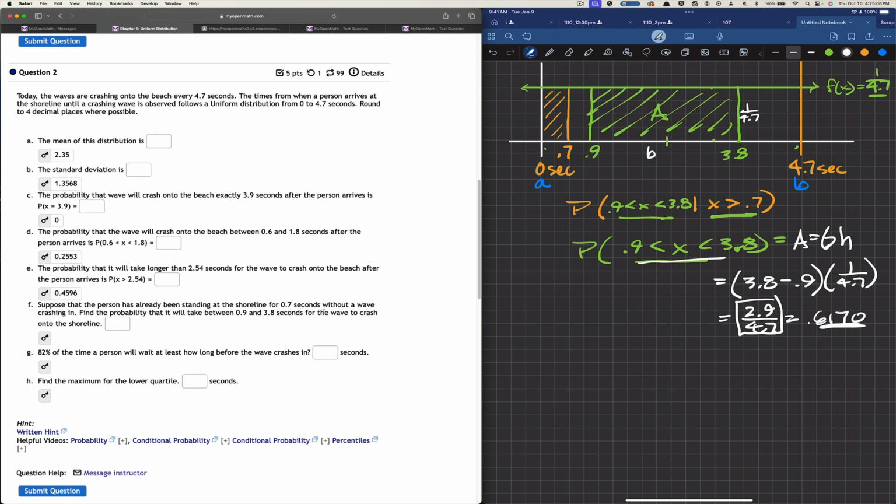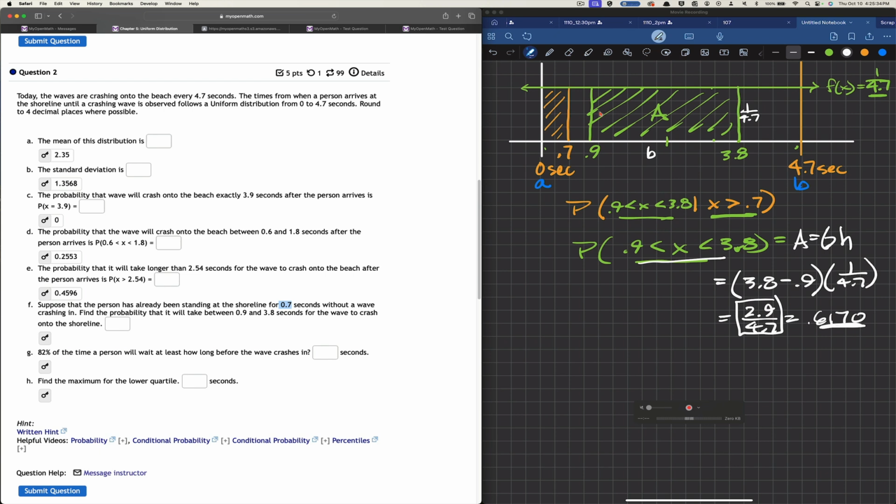But it's not. Because I was told that it's going to be greater than 0.7, then we already know that this 0.7 is gone. This probability is no longer part of this whole giant or complete rectangle. This probability is now out of the truncated or cut off rectangle. It's this smaller one, the one that excludes this orange area.